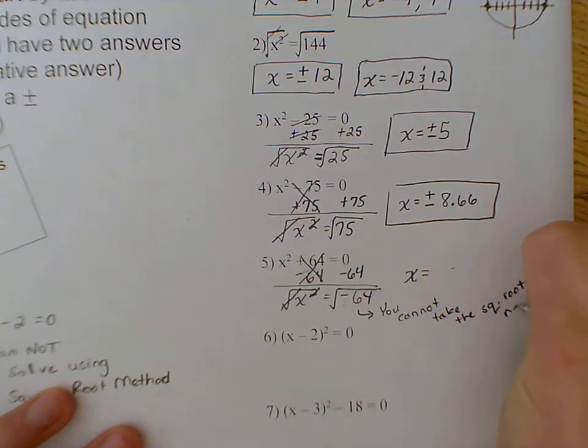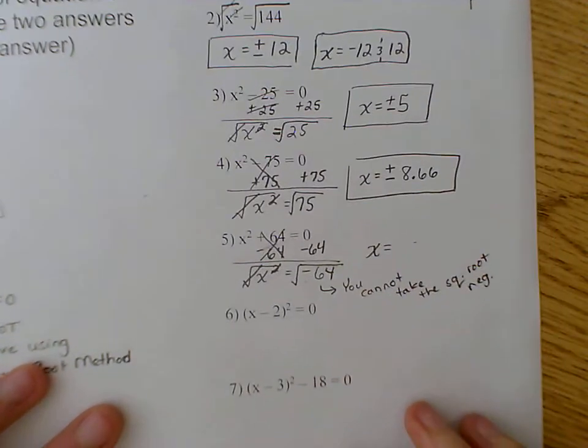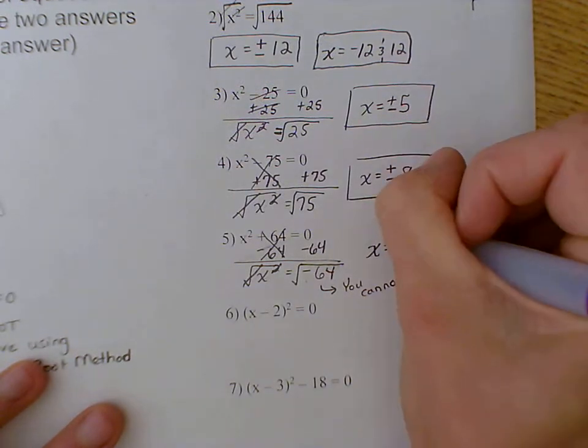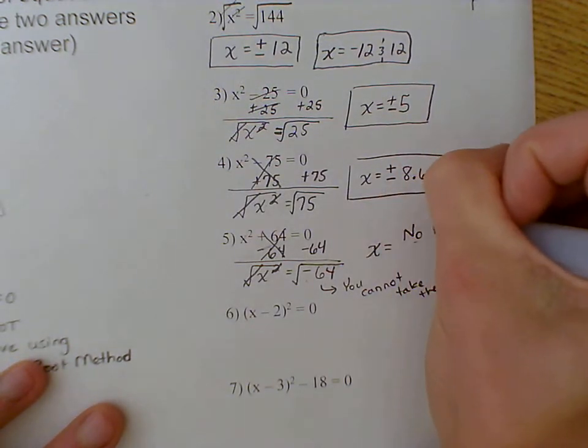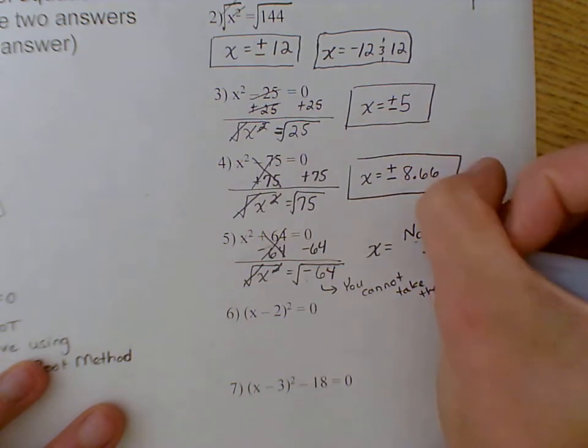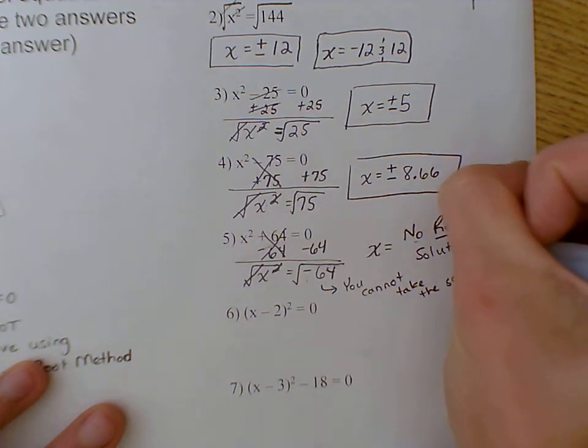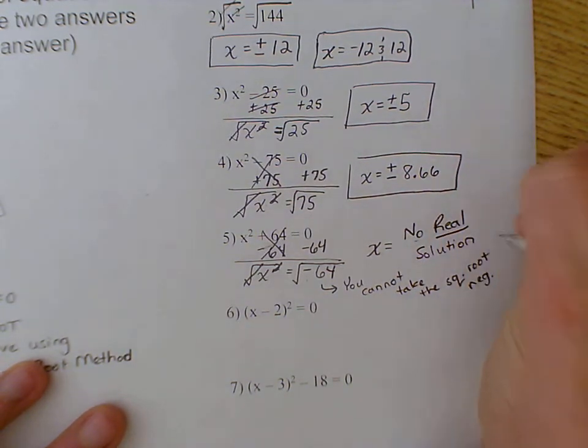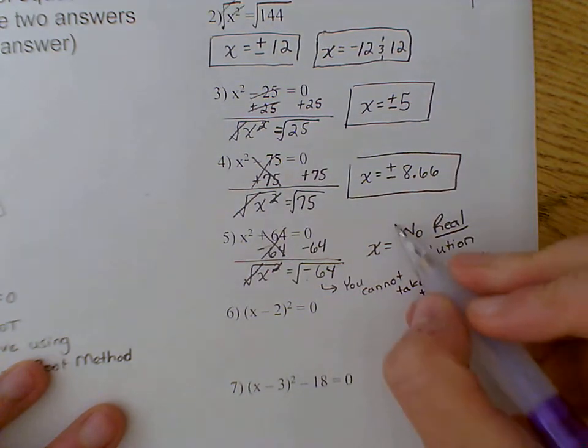So if that happens, then what you're going to write for your answer is that it has no real solution. It will have solutions, but they're not going to be real solutions. Okay, so that would be your answer.